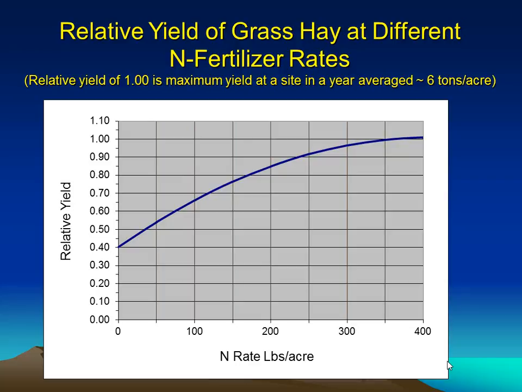It didn't matter the soil, the year, or the forage species. They all fell within 10% of that line. Maximum yield is the high end rate in that year. So this line is a mother lode of information relative to nitrogen fertilization.